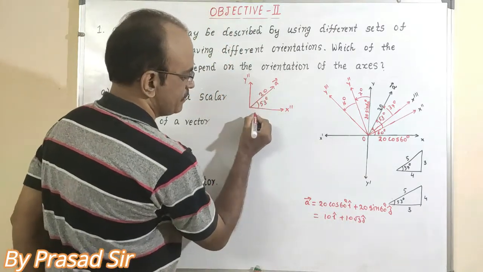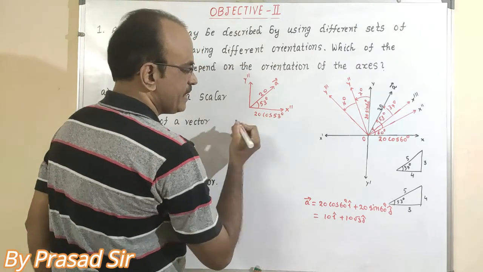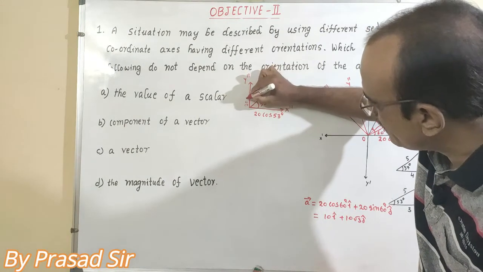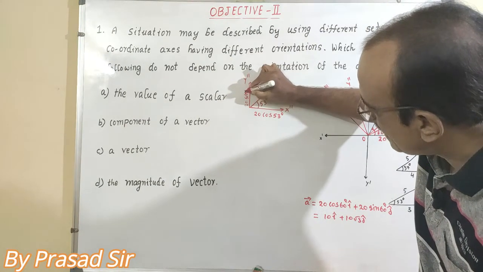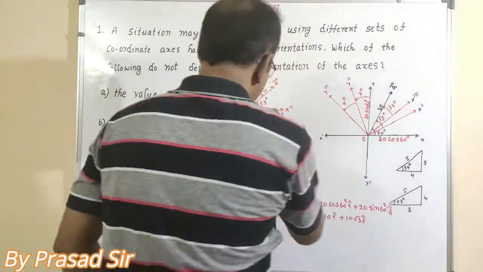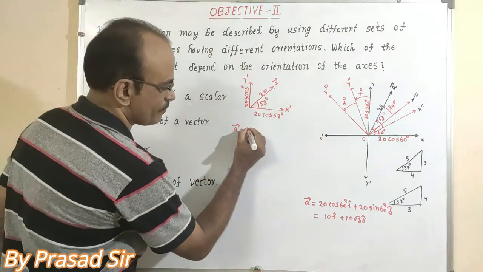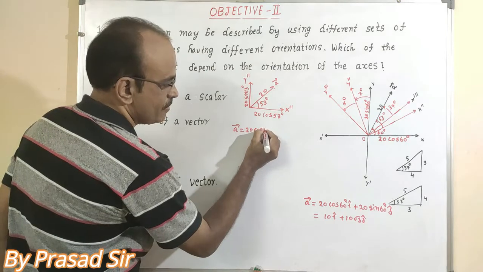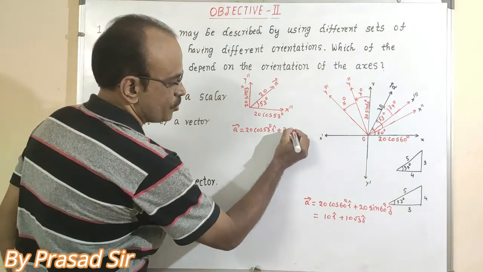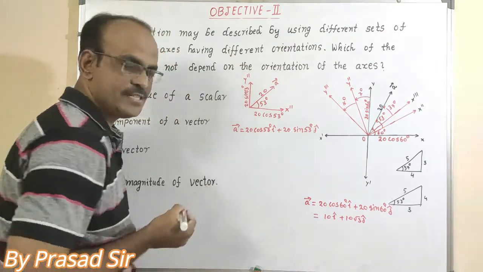Now the components: this is 20 cos 53 degrees, and here 20 sine 53 degrees. Now I will write the vector here. That is, A vector is equal to 20 cos 53 degrees i cap plus 20 sine 53 degrees j cap.